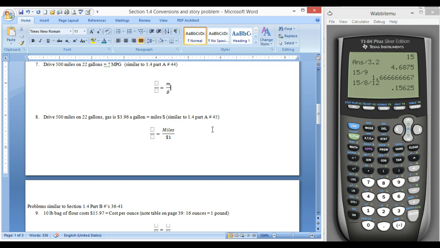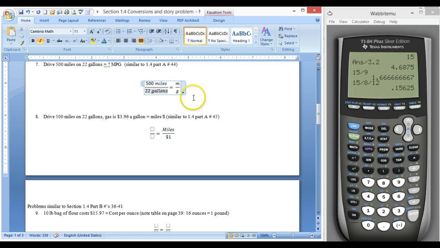Supposing you drive 500 miles on 22 gallons, we want to know miles per gallon. In this case, they've only given us 2 parts of information, so I'm going to put my 500 miles on the top because I know that I want miles per gallon, miles over gallon. So I have the miles on the top, 22 gallons on the bottom.